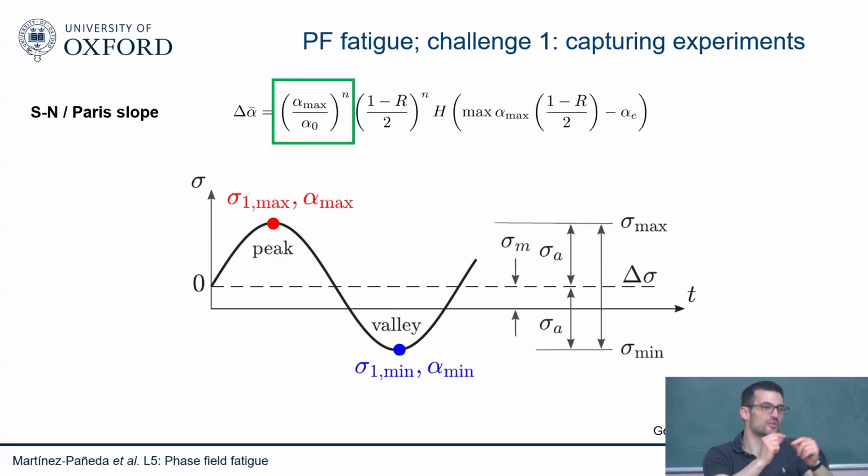So you have to do some tricks in there, and in the end, you basically accumulate only in the tensile part, which allows you to jump over cycles because you only care about alpha max. This becomes very important a bit later on, because one of the challenges that we have is the computational cost. We're running cycle-by-cycle calculations. So if we don't need to do the full cycle, if we have just the peak cycle, then you can jump over cycles. This is a very good point.